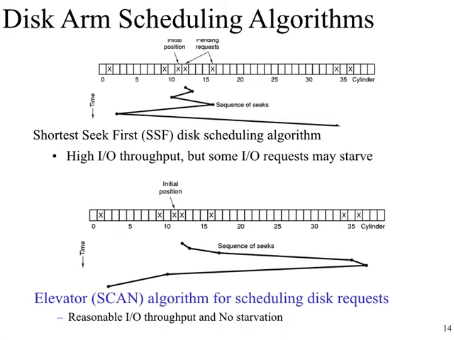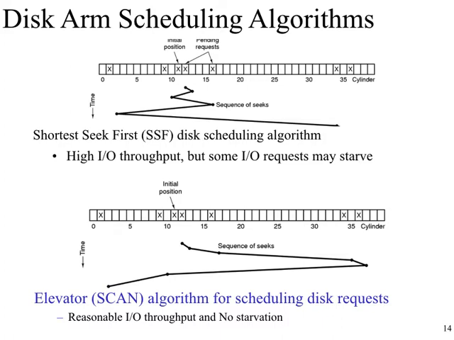The first algorithm, called shortest seek first, would move the disk head to the track that has the nearest I/O request. So for example, from position 11, the next closest request is position 12, and then position 9 and so forth.